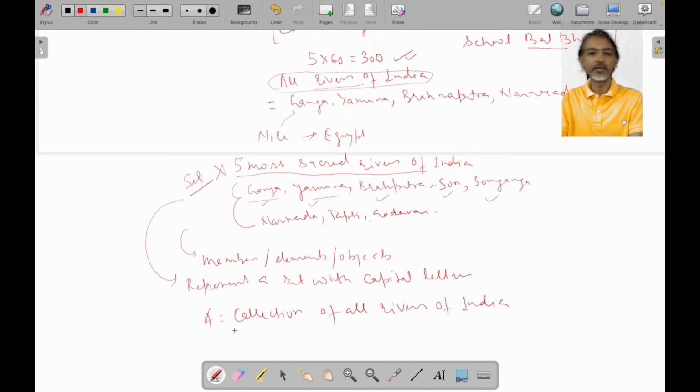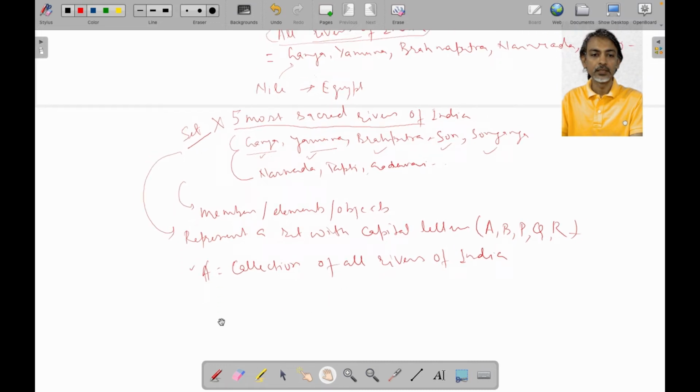So we are defining here a set A, which is a collection of all rivers of India. This is how we write it with a capital letter. The capital letter could be A, B, P, Q or R, but it has to be a capital letter.